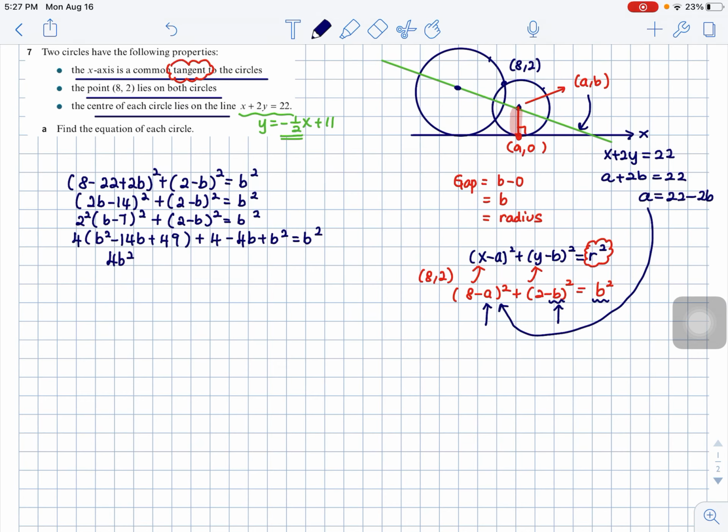That should give you 49 times by 4, 200. We can divide it by 4. Factorize. 10 and 5.